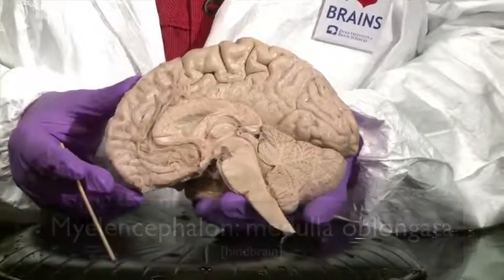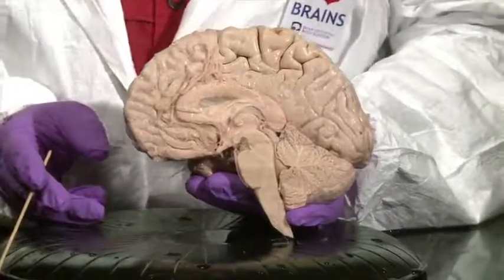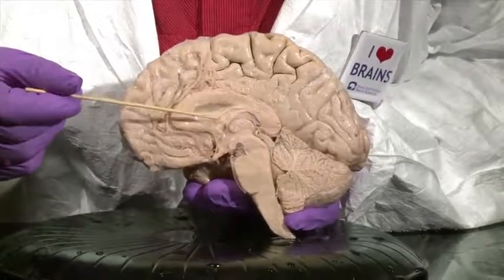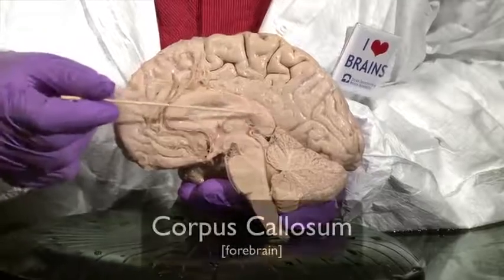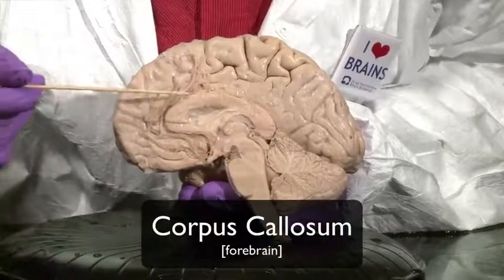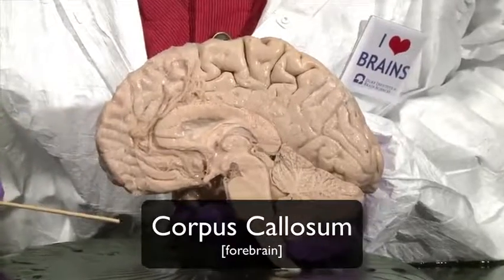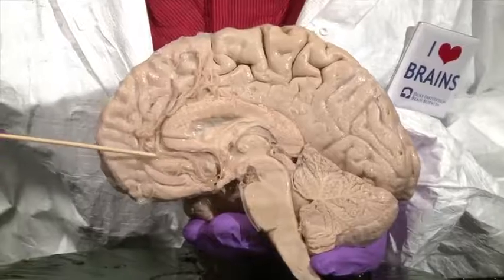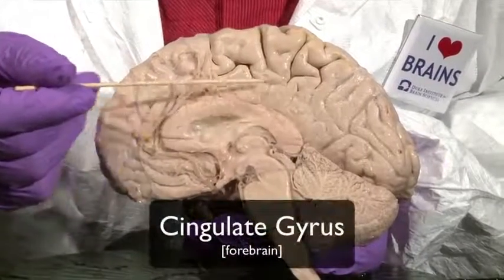Now let's look again at the forebrain and talk about the gyral structures that we can see in this view of the telencephalon. So just on top of the diencephalon is this broad band of white matter called the corpus callosum. And that is a very obvious visual feature that helps define the contour of this medial set of gyri that sit above it. Right above the corpus callosum is a long gyrus called the cingulate gyrus.